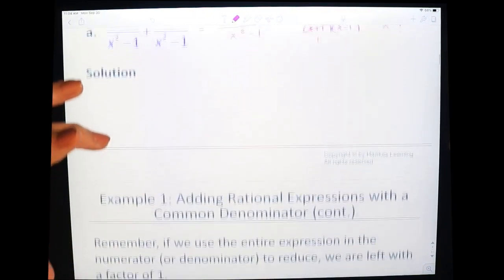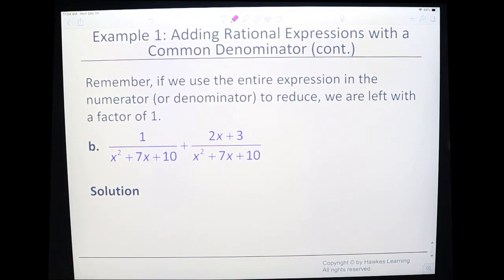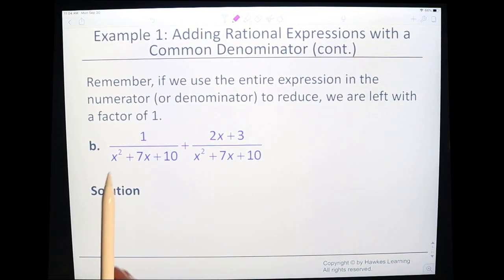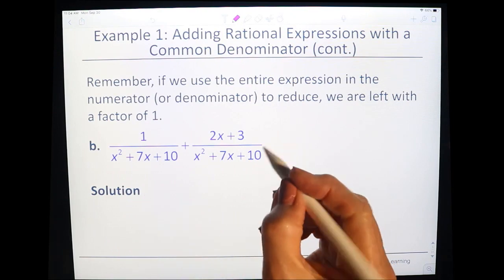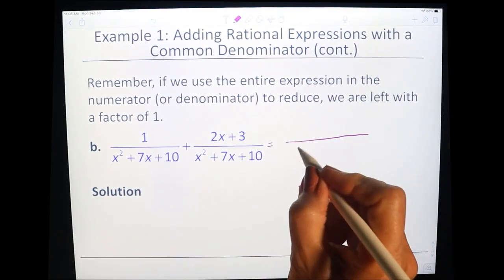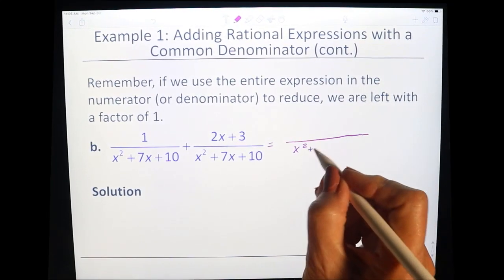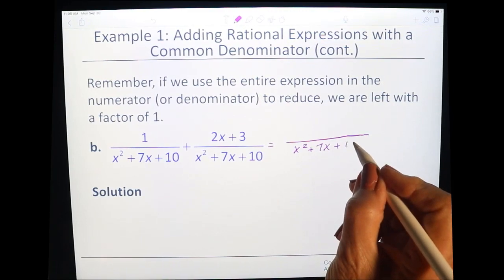All right, so let's try one more example where the denominators are already matching. That's the first thing you need to check when you see that it's an addition problem. x squared plus 7x plus 10 matches there. So we're just going to write that common denominator down in our answer form out here.